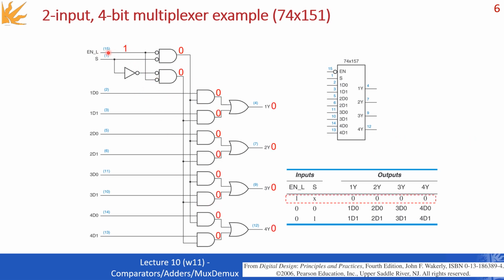Now, this enabling bit over here is an active low pin, which is used by this 2-input 4-bit multiplexer, which conforms with MSI 74X151. This means that if the enabling bit is equal to 1, it will disable the whole multiplexing scheme.